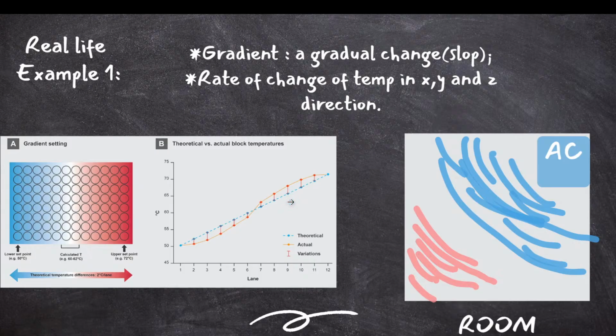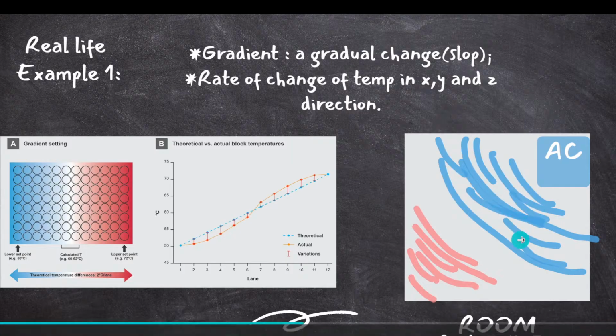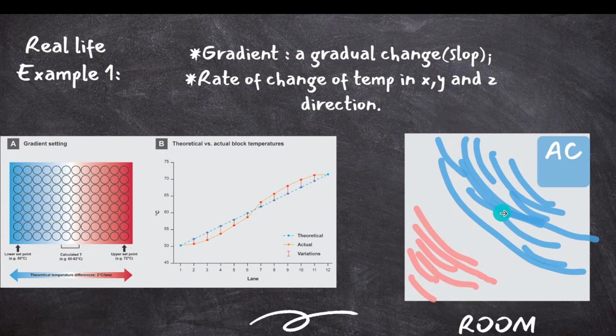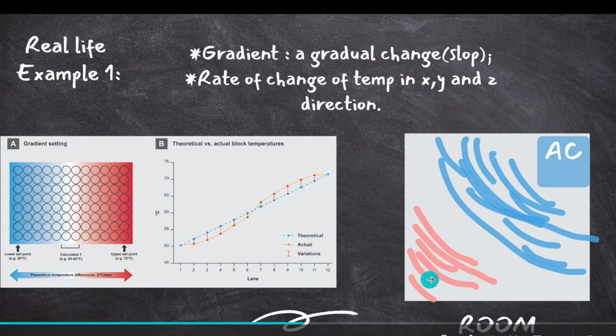We can also see the real life application in our general houses or homes. Suppose there is an AC, it will make the nearer areas cooler instantly as compared to those areas which are far from the AC.